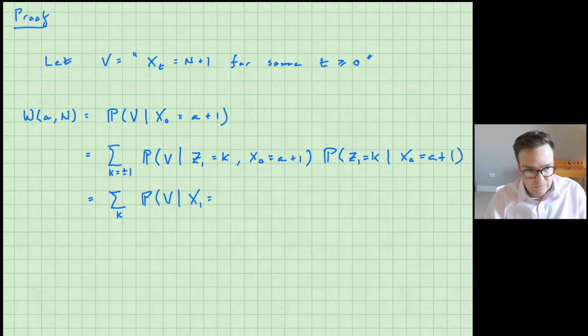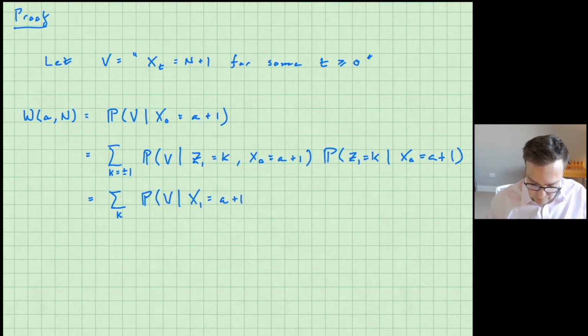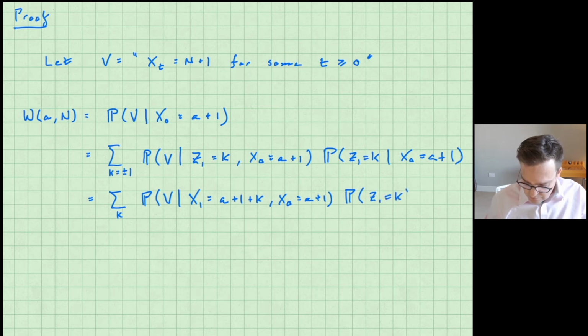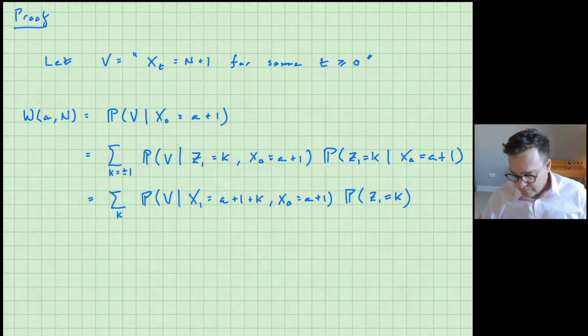If Z1 is equal to K, X1 is equal to A+1 plus K, if it's also true that x0 is equal to A+1. And then for this second probability, I just drop the conditional part.